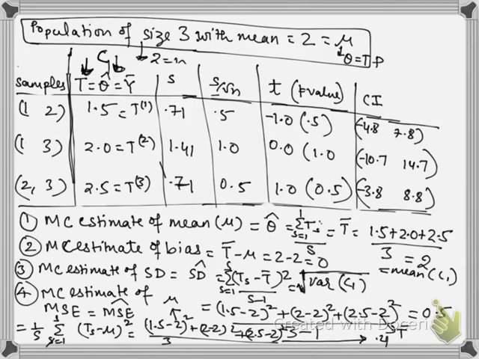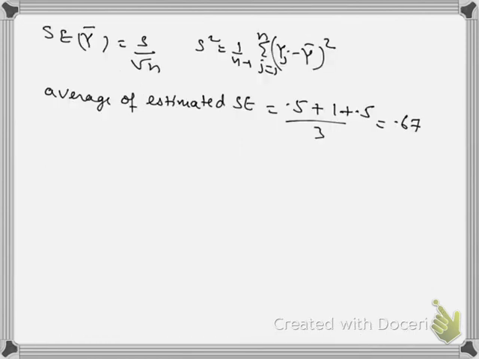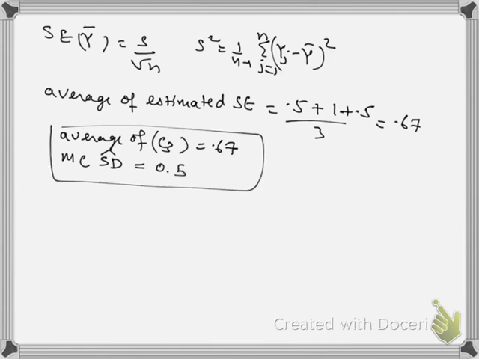If I go back, it's basically the average of this column. Let's call it C3. So it's the average of C3, which is 0.67, and the Monte Carlo standard deviation estimated was 0.5. So it's not that bad.